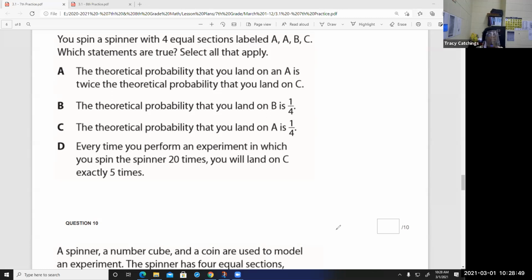A says the theoretical probability that you will land on A is twice the theoretical probability that you will land on C. True or false? Why did you say true?